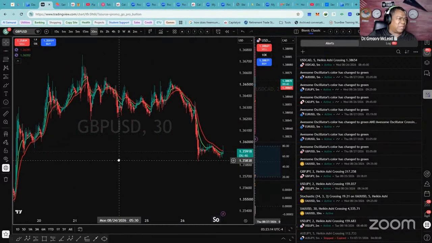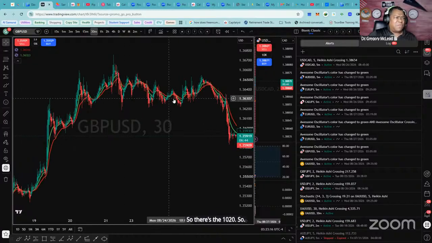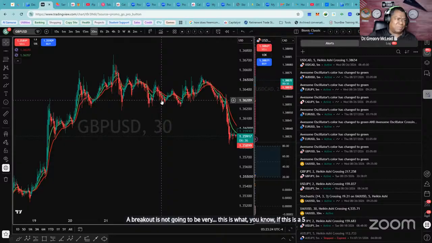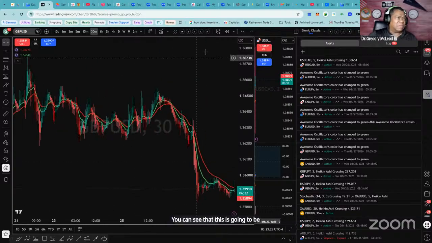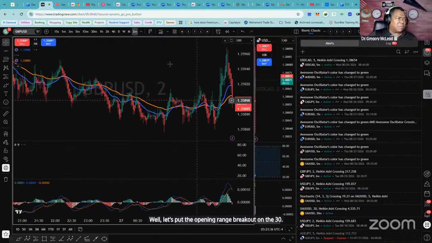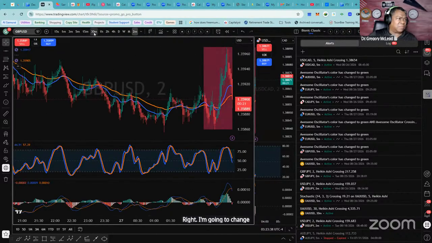So here's a 10-20. If you're on the higher time frame, a breakout is not going to be very... If this is a 5-minute breakout and it comes back down, you can see that this is going to be a problem, right? In fact, let's put the opening range breakout on the 30, right? I'm going to change it to the 30.